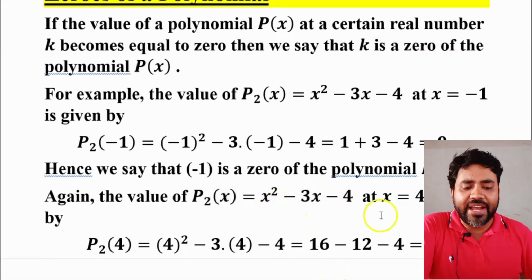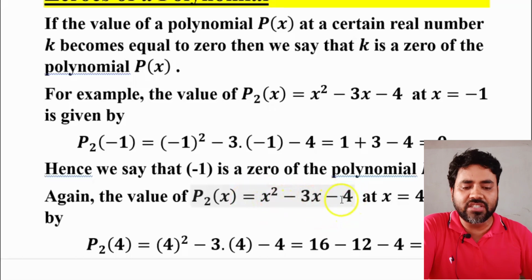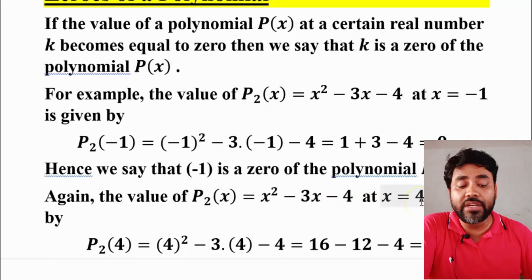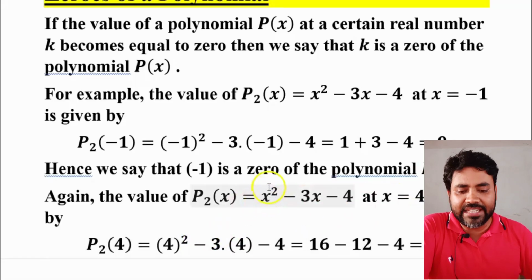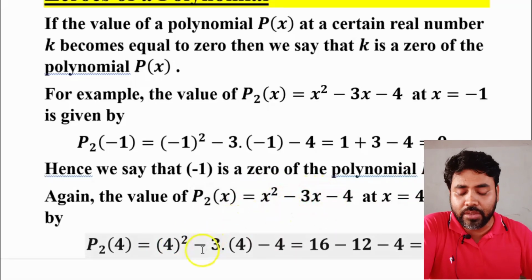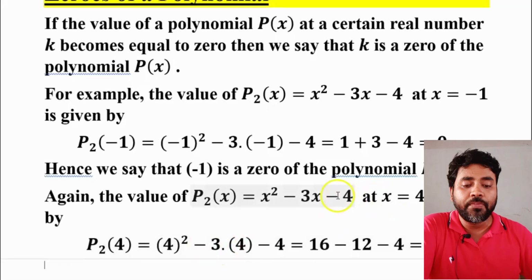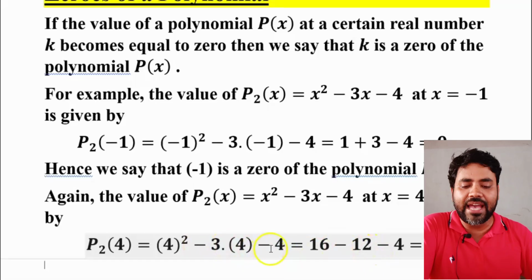Now, if we find the value of the same polynomial x square minus 3x minus 4 at the point x equal to 4, what will we get? We replace x here by 4. Then x square becomes 4 square, then we have minus 3 into x, which becomes minus 3 into 4, and minus 4, the constant term. 4 square becomes 16, minus 3 into 4 becomes minus 12, and here is a minus 4.